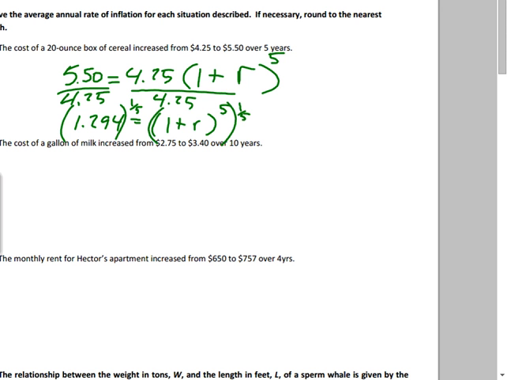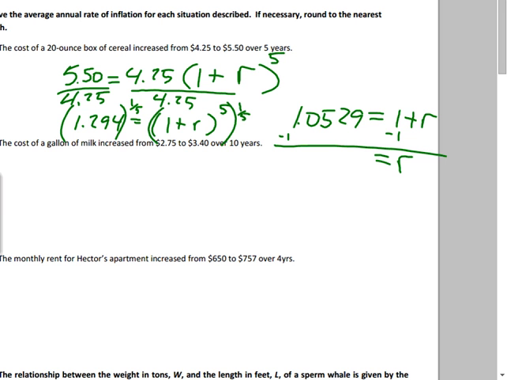Put in that 1.294, and frankly, I wouldn't even round it. Leave it in your calculator and raise it to the power of 1/5 in parentheses. I came up with 1.0529 equals 1 plus r. Then you just subtract 1 from both sides, and I have my final answer.